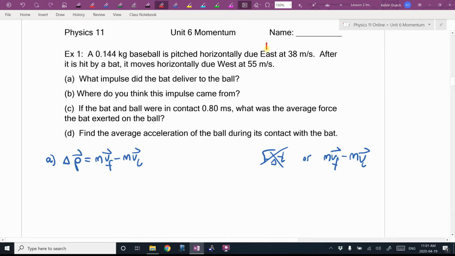I'm going to put a plus sign above the word east, and I'm going to put a positive in front of the 38. I'm going to put a negative in front of the word west, and I'll put a negative in front of the 55. And so now if I crunch this, the mass is 0.144. V final is negative 55, minus the mass is 0.144, V initial is positive 38.